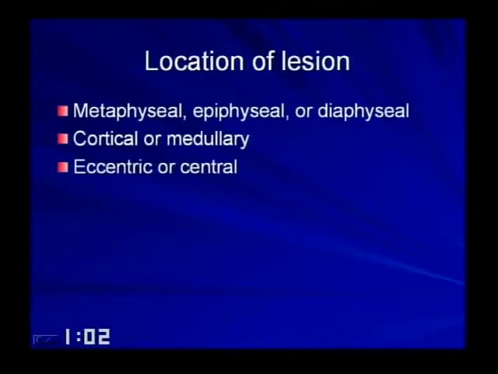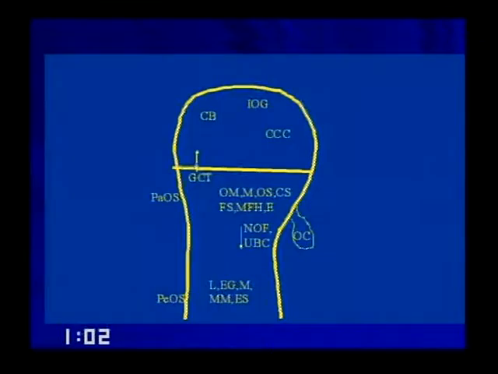Now, what about the location of the lesion? Is it metaphyseal, epiphyseal, diaphyseal? Is it cortical or medullary? Is it eccentric or central? This diagram is in your handout, and this is a diagram that I drew. But again, this is one of those things you need to keep in the back of your mind. There are always exceptions, but at least you come up with a reasonable diagnosis or differential diagnosis.